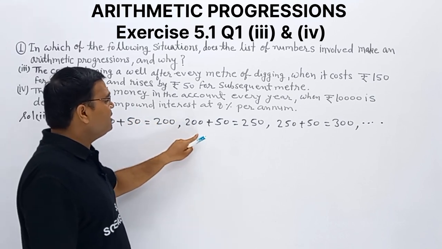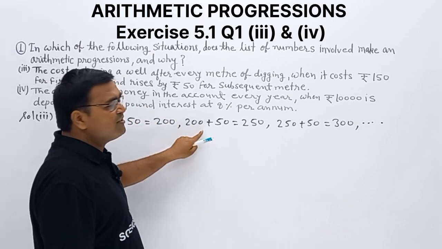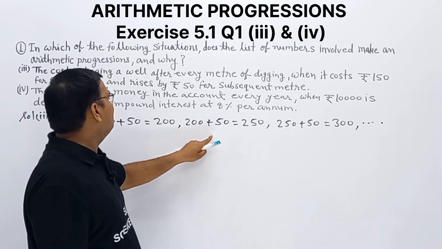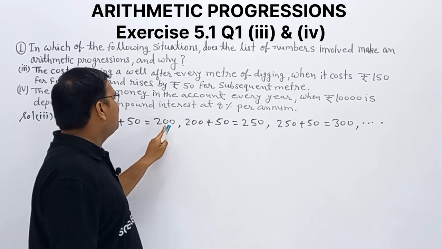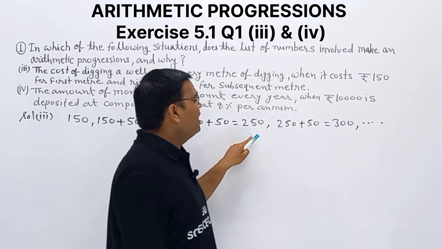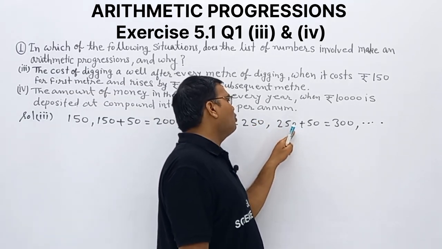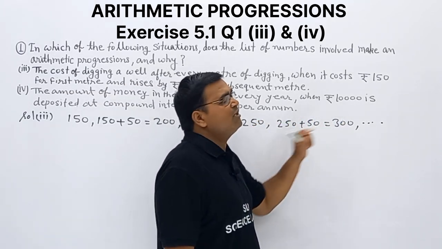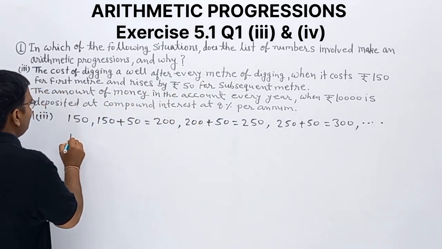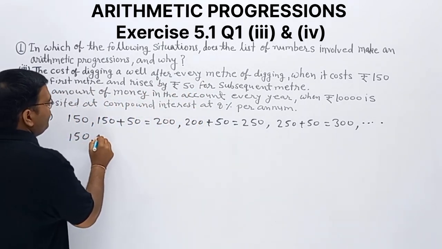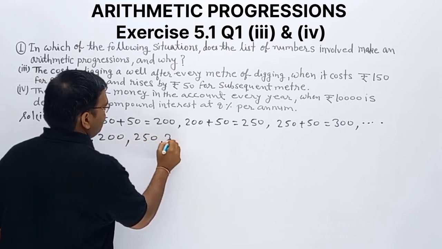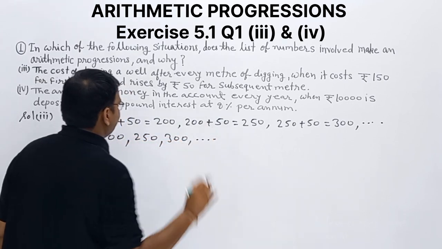For the third meter, 200 plus 50, 250. And for the fourth meter, 250 plus 50, 300. So the sequence we are getting is 150, 200, 250, 300 and so on.